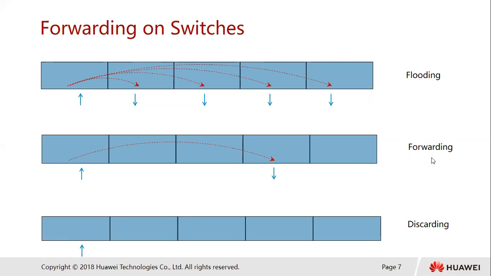And then we have forwarding. With forwarding, the switch receives the frame from one port, and then it is going to forward it to the port where that frame is going. So the switch is very intelligent.